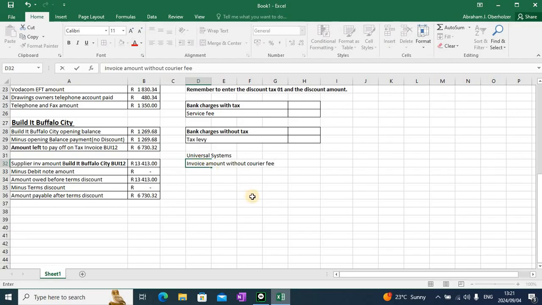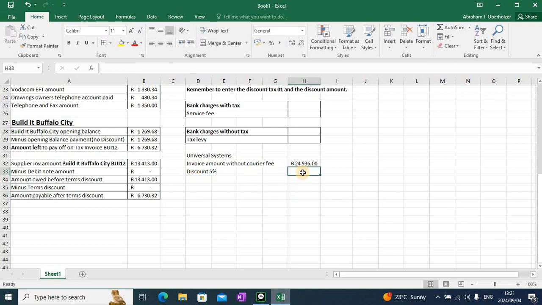The invoice amount without courier fee is 24,936, and it's 5% discount within 60 days. We do receive the payment within 60 days, discount 5%.